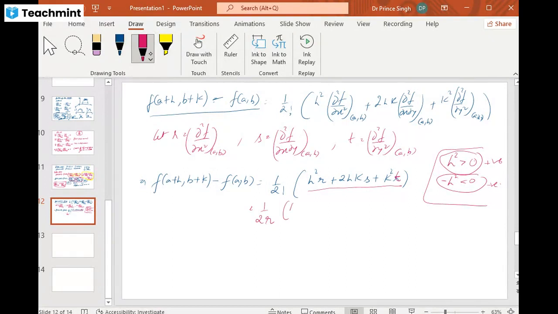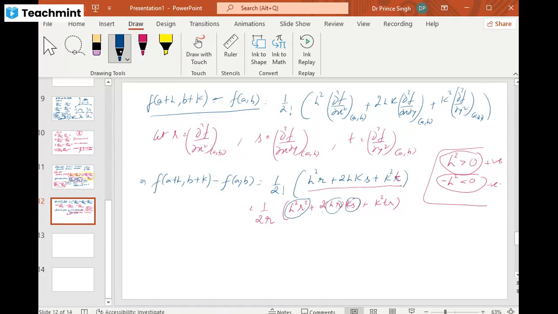So if I multiply and divide by r, then what will happen? This is h squared r squared plus 2hrks plus k squared tr. Now if you look here, this is a square, this is 2ab, and what term is missing here? b squared.